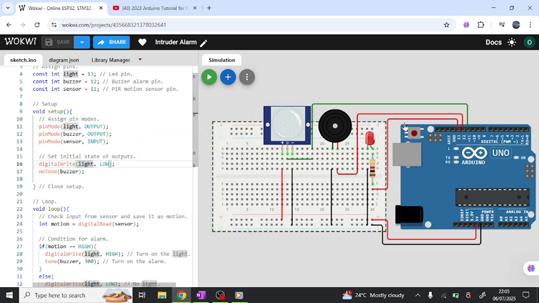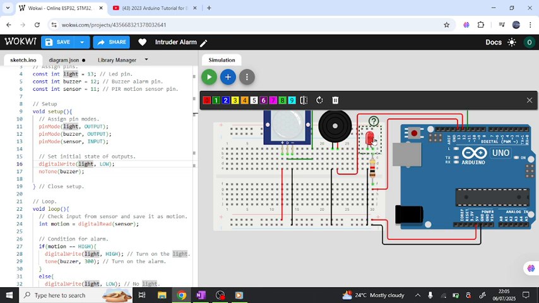For the light pin, the initial state, should it be on or off? Low means off, high means on. So when we have not received a signal from anything, it should be low, turned off. That's why we just did this, to avoid that floating state. That means the Arduino will not know whether to send high or low to it.